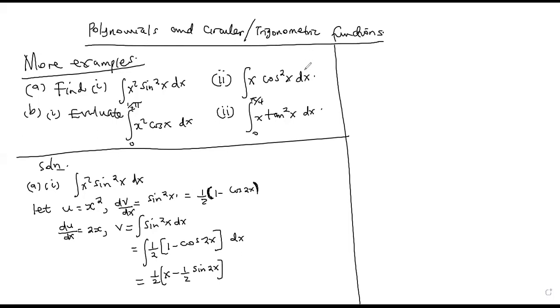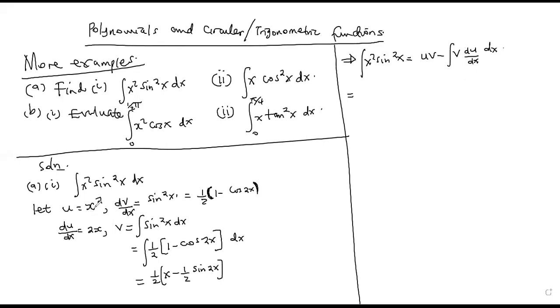So now we start integrating. We shall say that our integral of x squared sine squared x is equal to, we substitute in the formula of integration by parts, which is uv minus the integral of v du dx, then dx. So our u is x squared.